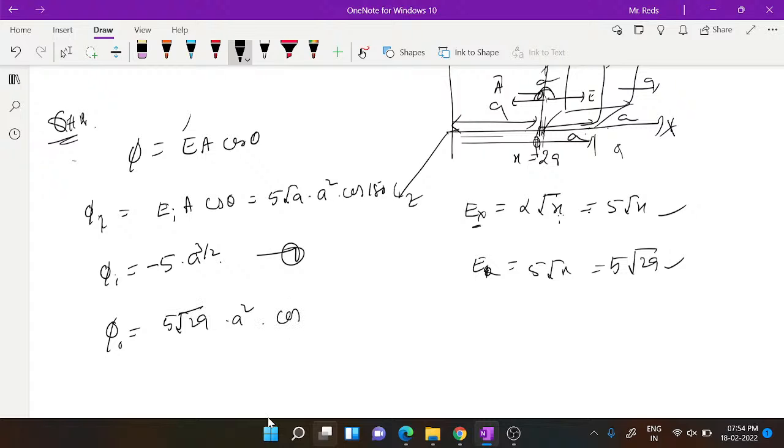Here the area vector is in this direction and the electric field vector is in the same direction, so the angle between them is 0, and cos 0 is 1.